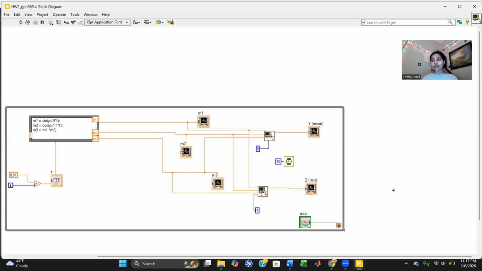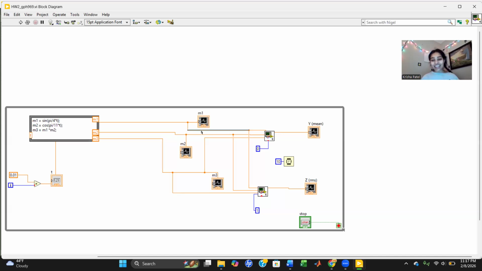That is for the if statements in our sub VIs. So that's why there are branches pulled off, one going here and one going there, and there's no way of making it look neat, so it's going to look like the way it is right now.